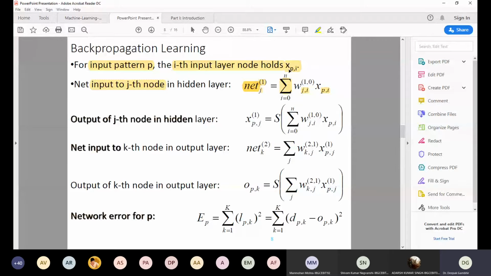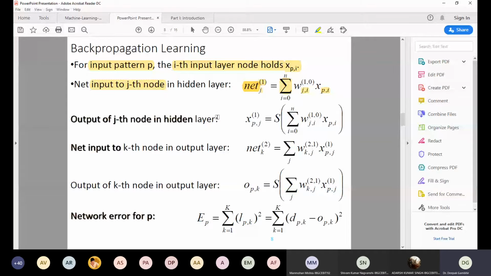Net j 1 is the net input. Net input means summation of weight times x. Whenever there is net, it means summation of weight into x. For layer 1, that is the hidden layer, we have written superscript 1, and for the jth node we write subscript j.